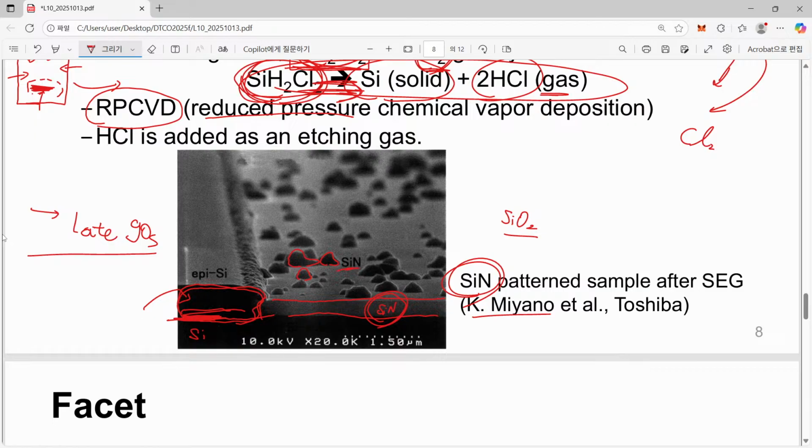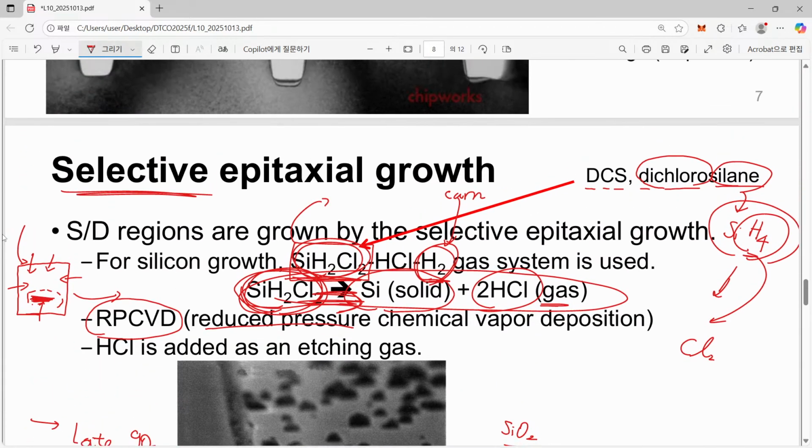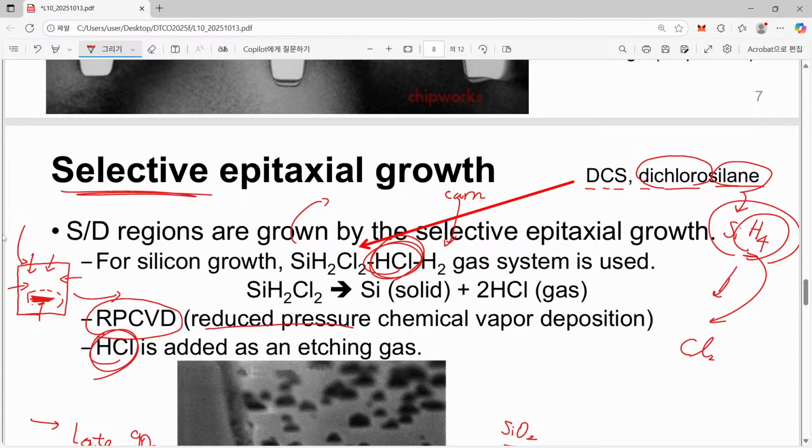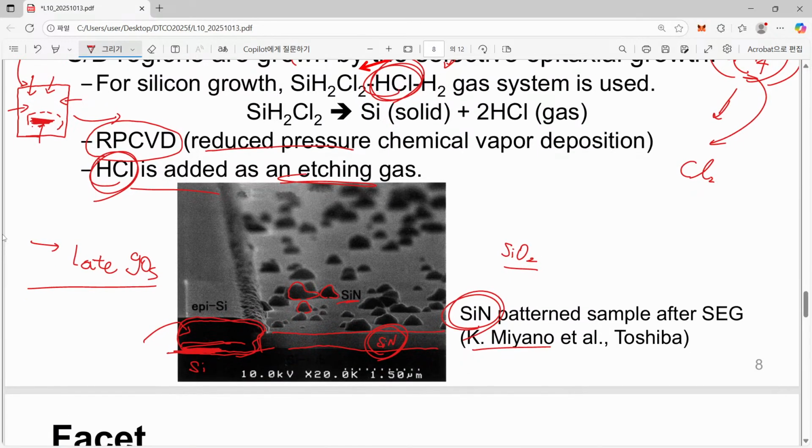So what they did, they really wanted to have selectivity, so they added another one, HCl. So HCl is added as an etching gas. Then the real key is this: on top of silicon, the reaction is quite fast.